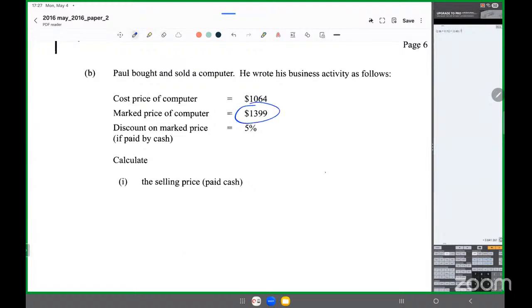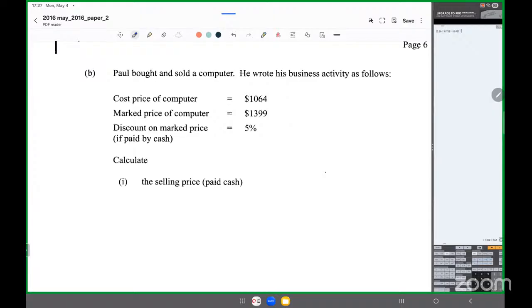The marked price is the price that is on it. Now, when you go in the store, everything has a price tag on it, and that's called a marked price. That's what the store intends to sell it for. But sometimes they can sell it for less, they give a discount. That's a marked price.